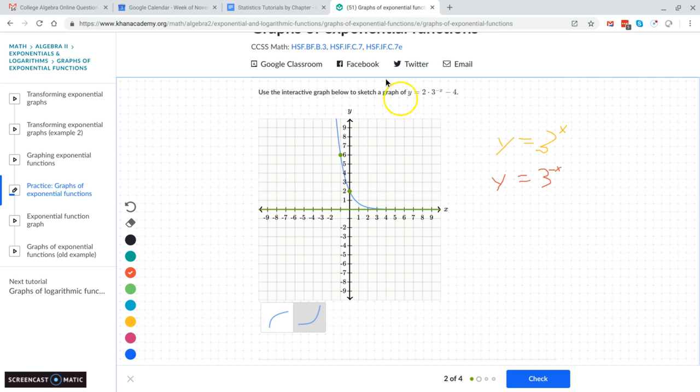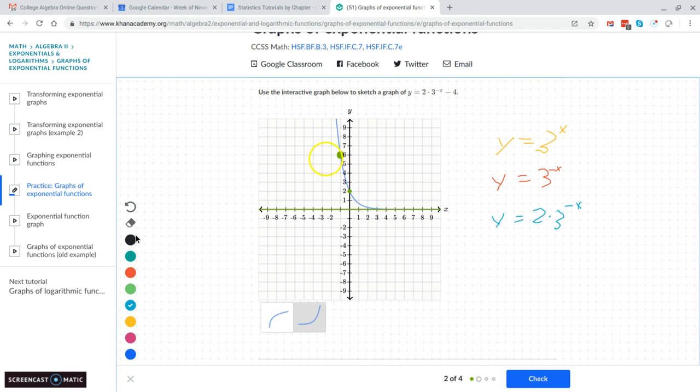Okay, so at this point we now have, let's see, what color should I use now? We have our graph like that. Okay, now I just have left to incorporate the -4. Now, when you subtract 4 from the output, this is a vertical shift downwards of 4 units. So this is going to drag everything, right?